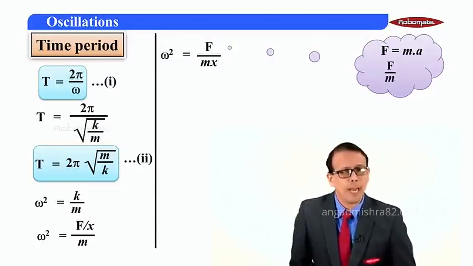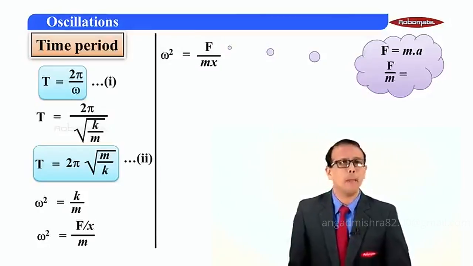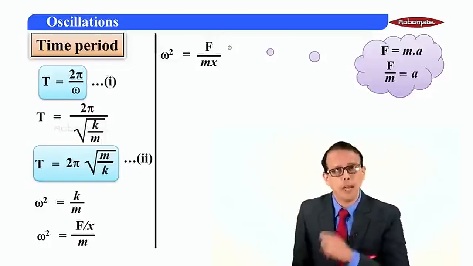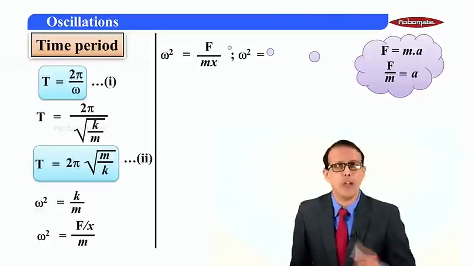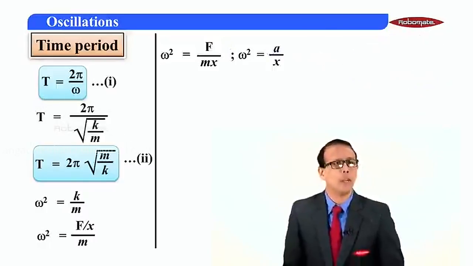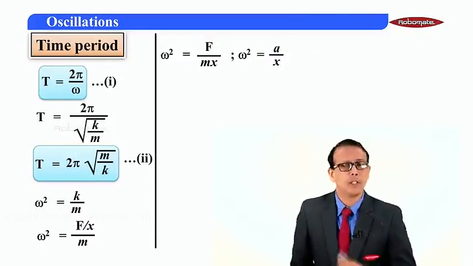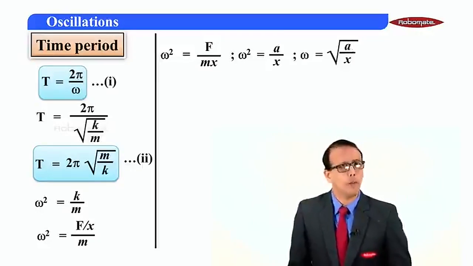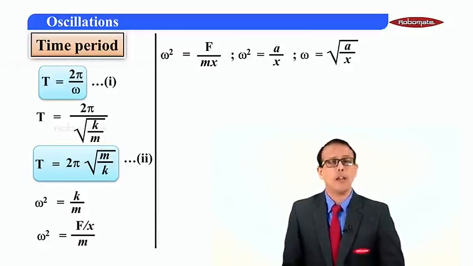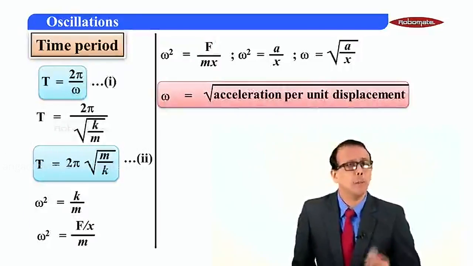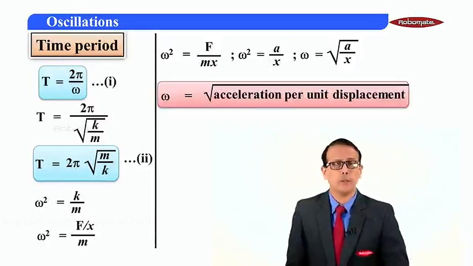So F upon m can be written as acceleration a. Therefore, in the formula of omega square, instead of F upon m, I can write a, and therefore omega square finally becomes a upon x. And hence omega becomes root of a upon x. In words, therefore, I can write omega is root of acceleration per unit displacement.